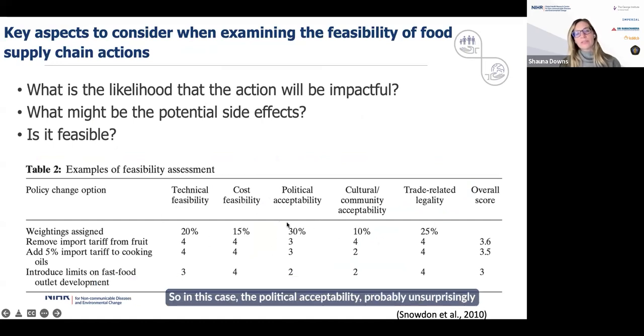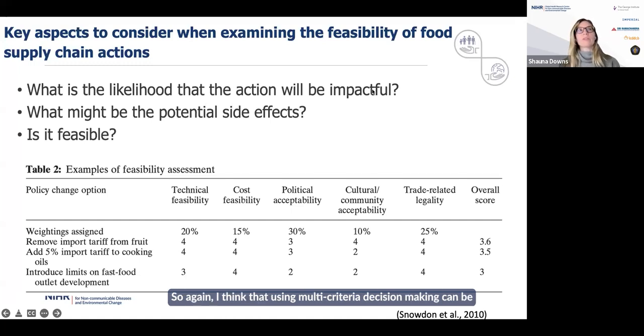In this case, the political acceptability, probably unsurprisingly, was the most important. And then for each of these different criteria, they give it a score. And then you have an overall score for each of the policies, and you're able to compare and come up with a ranking and prioritization.